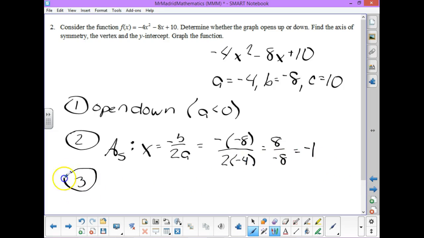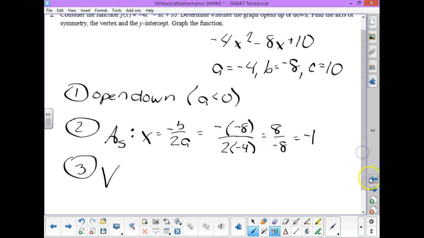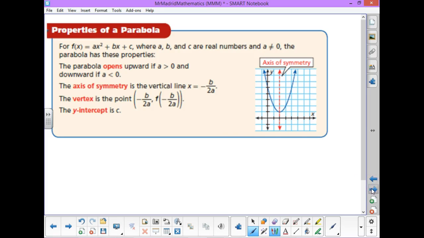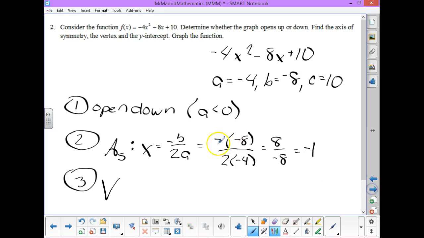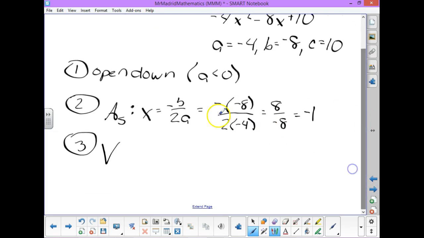Alright, 3. Find the vertex. We'll put a big V. Okay, what are they saying about getting the vertex? It says, notice that this -b over 2a is repeated here, and this tells you to take whatever number you got here and plug it into f, the function. Alright, so let's go ahead and jot that down.